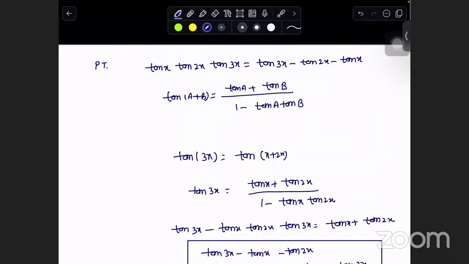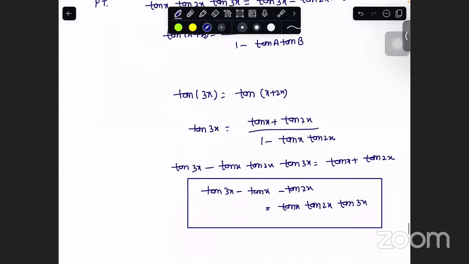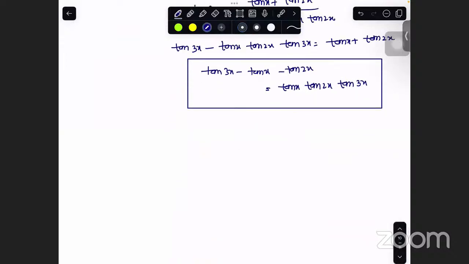But we don't have to prove it for only x equal to 0. It has to be proved for every value of x. Got it?